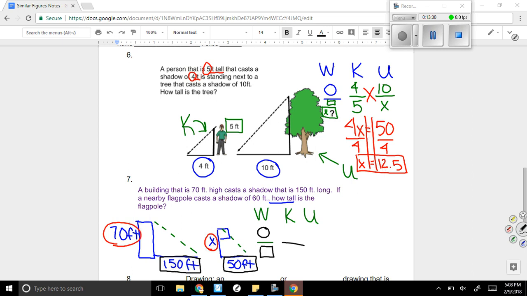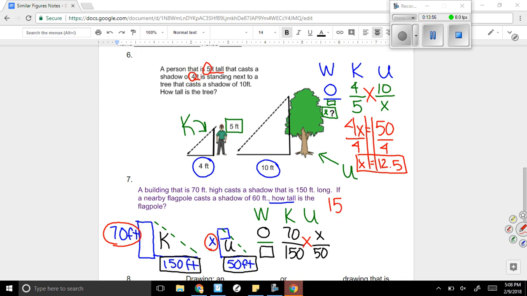So my W, I'm going to go ahead and put circle and square. My K is from that building because I know both of those numbers. The circle goes on top, that's the 70. On the bottom I have my square, which is 150. And now I'm looking for the U, that flagpole. Well, the circle, I don't know, so I'm going to put an X, and then 50 is going to go underneath. So now let's go ahead and solve that proportion.